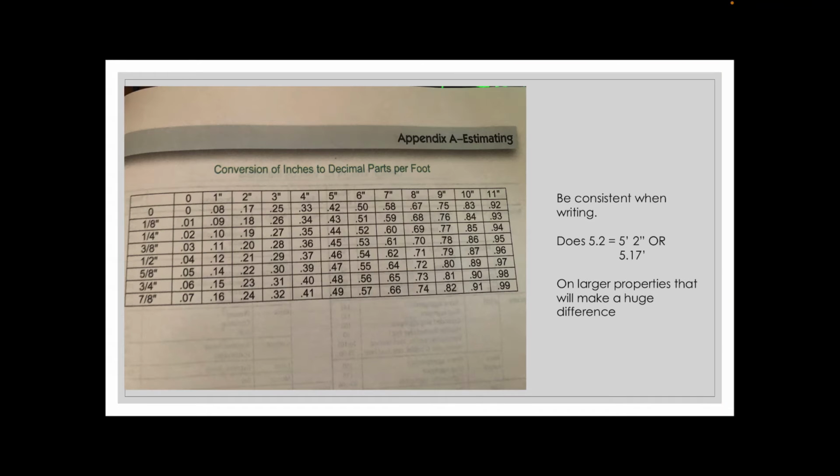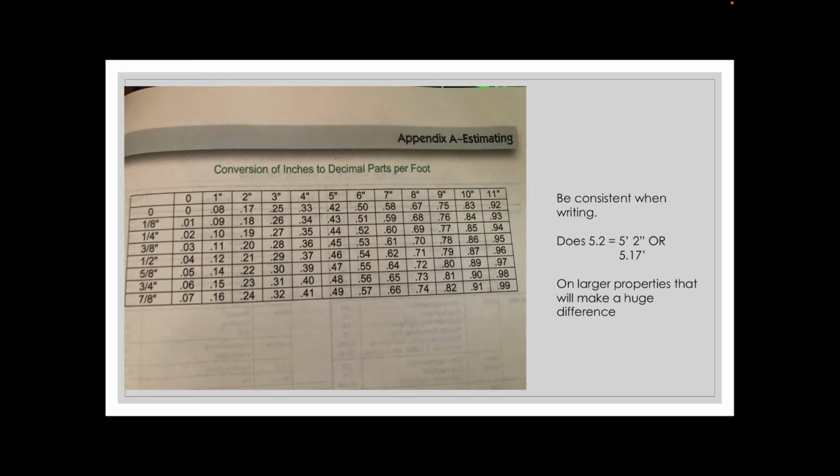Here's where I would say be consistent. If you are outside taking measurements and you write 5.2, you need to know in your head, does that mean 5 feet 2 inches or 5.17 feet? Because 0.2 of an inch is 0.17. So you need to make sure you're aware that you are always writing things consistently.